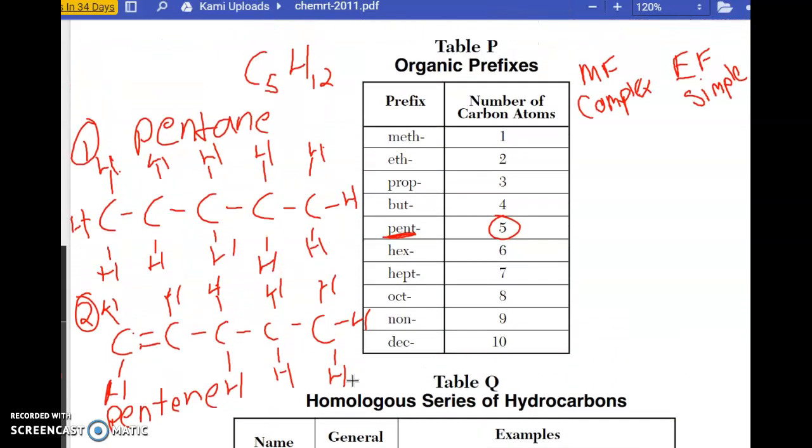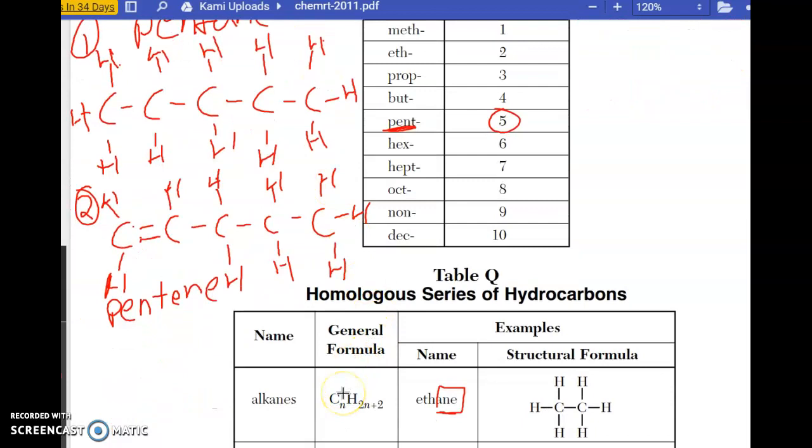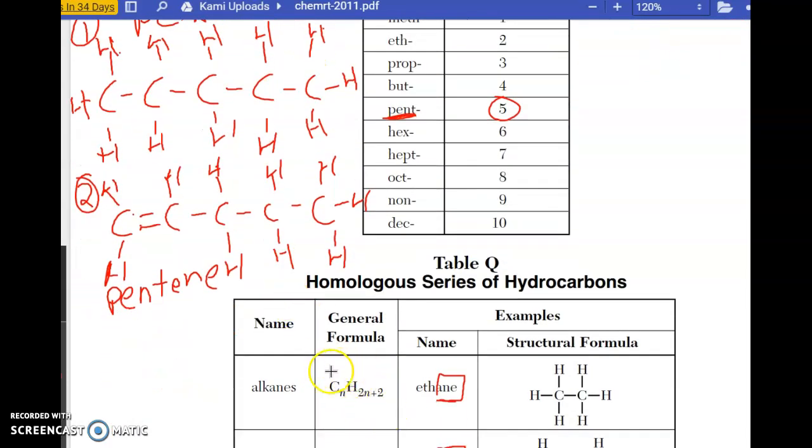Alright, so this is our structure for number 1, C5H12, but let's see if we could figure out how we could have gotten that by just looking at this formula right here. We know it's an alkane because it has all single bonds, so it's going to follow this formula. Its category is alkane because it only has single bonds.